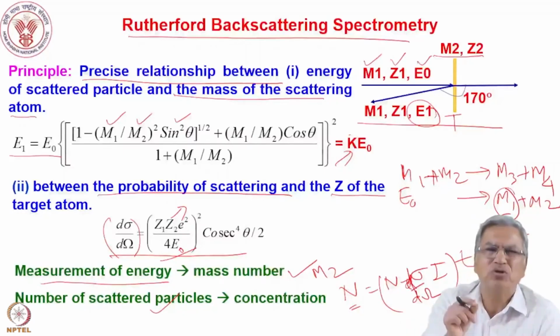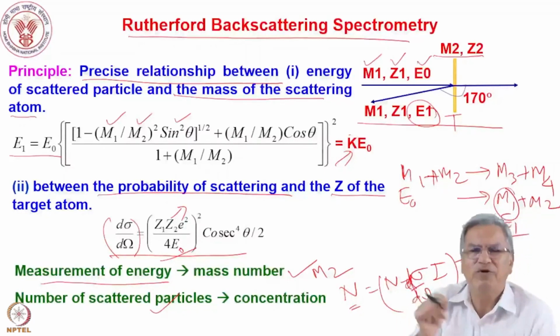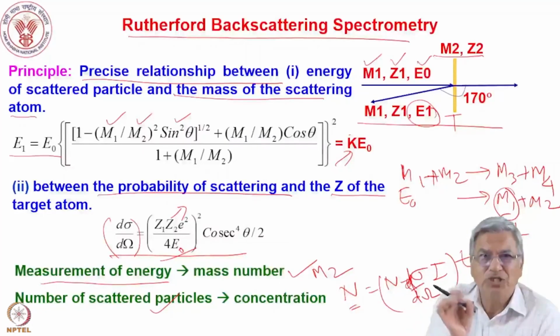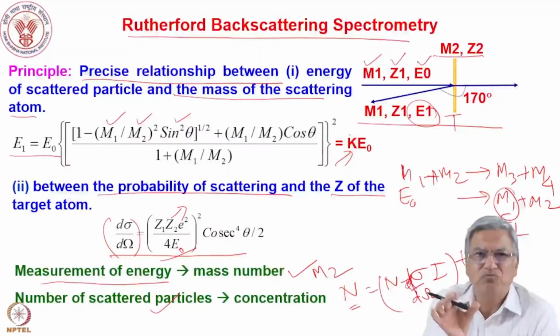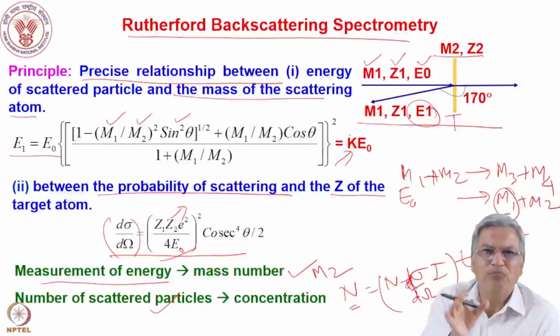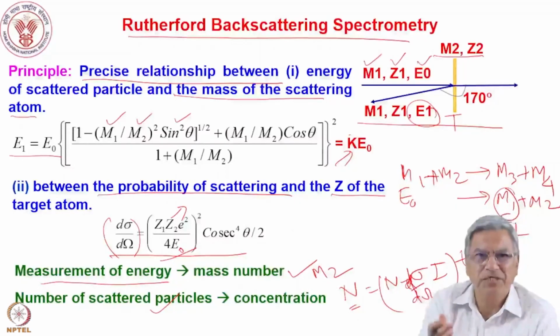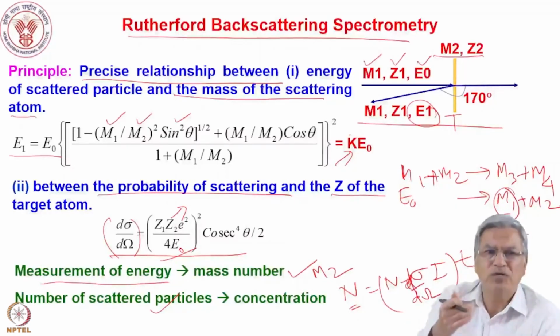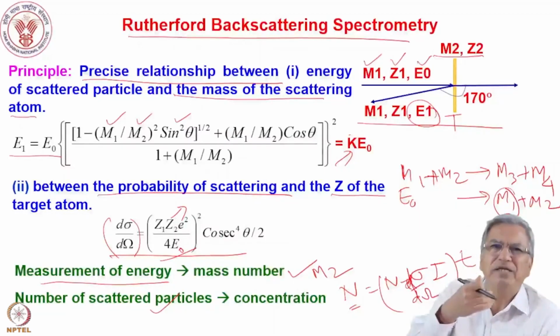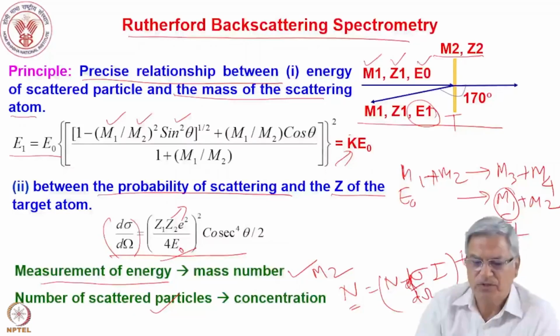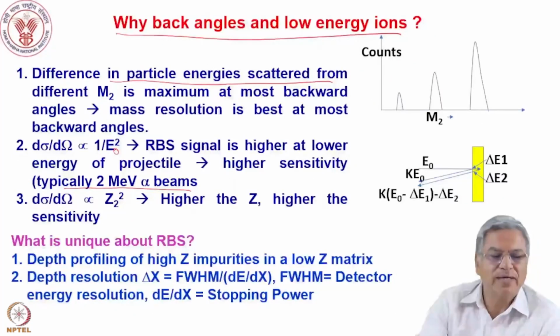Suppose you have cobalt, iron, nickel, different elements, so their masses are also different. The energies from different masses will be widely spaced at the most backward angle. dE1 by d theta will be maximum at theta equal to 180. But you cannot put theta at 180 degrees because that is the beam path. So you keep slightly away from 180, maybe 170, 160 or so. So that is the reason for back angle.